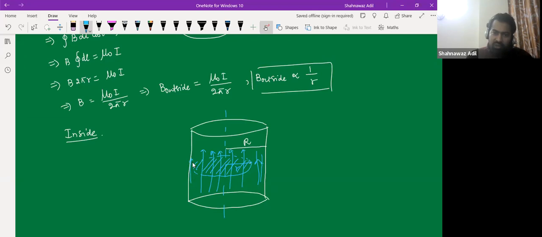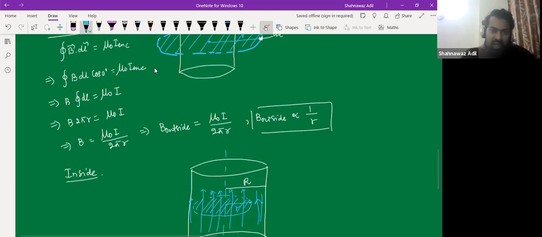But sir, if the area is less, doesn't it mean that the current should be less? I'm talking about the current enclosed in that area. Then yes, it will be different.